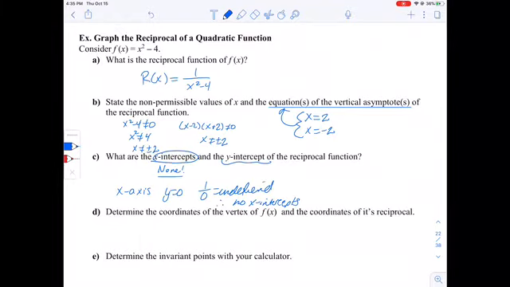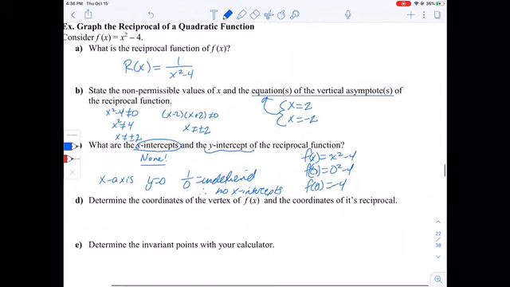But the y-intercept, for this particular function, if we look at f of x equals x squared minus 4, f of 0 is 0 squared minus 4, so f of 0 equals negative 4. That's on our original function.